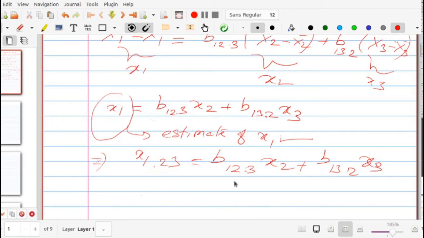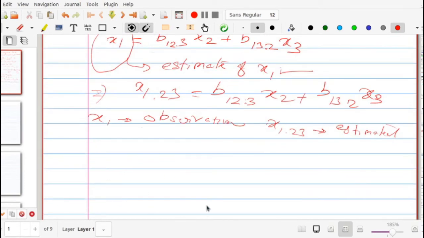And if x1 is an observed value or an observation, and x1.23 is the estimated value of x1, then obviously there is an error. Both are not the same. So the error will be what? The error will be x1 minus x1.23. Simple, right?